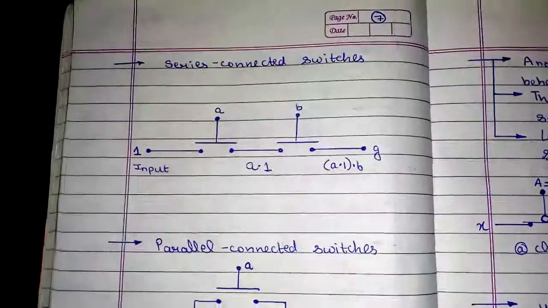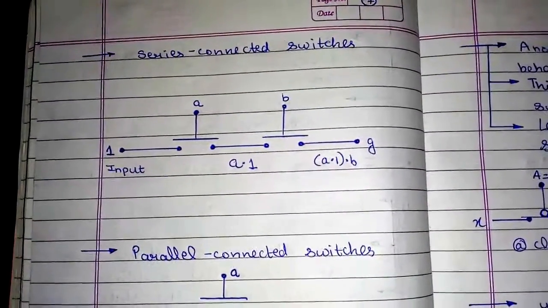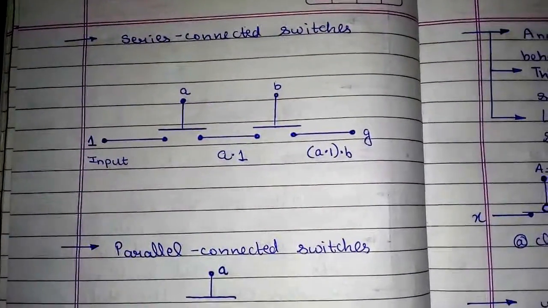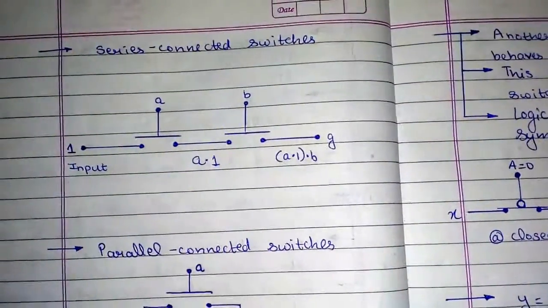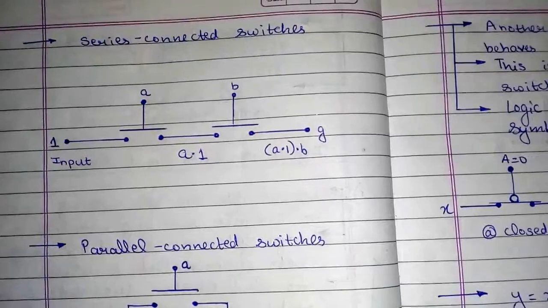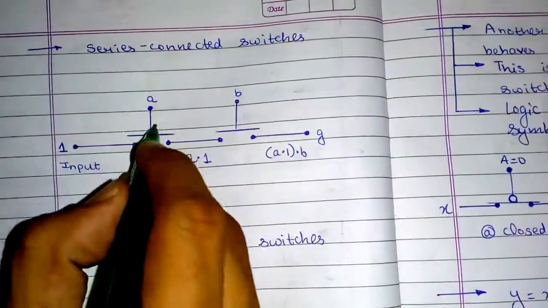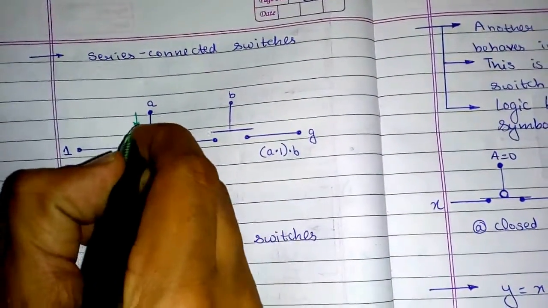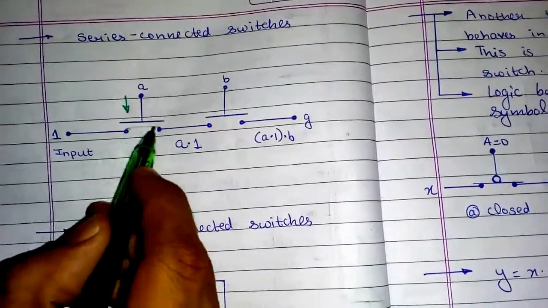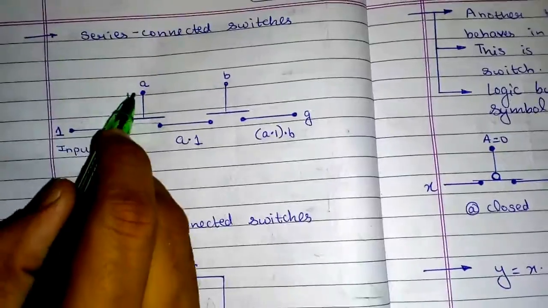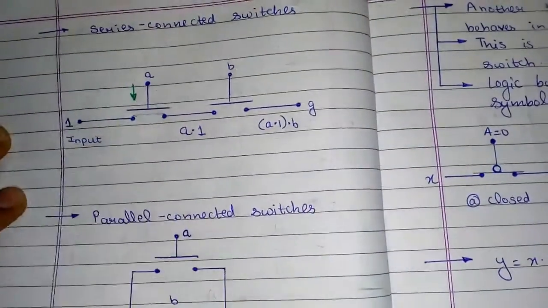If I talk about series connection of these switches, basically I have two switches, A and B. The input is 1. Now if I push this switch down, this A will make a contact here, and 1 multiplied by A. Why am I multiplying?